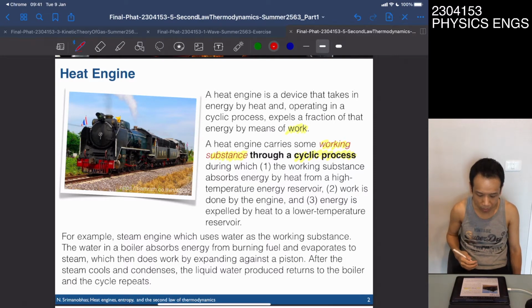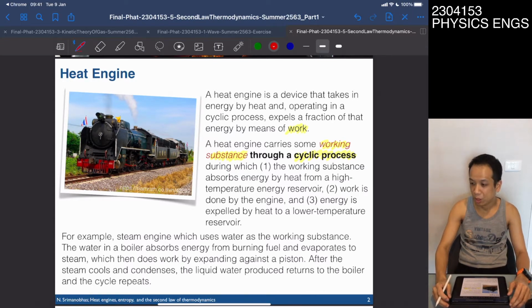The water in the boiler absorbed energy from the burning fuel and evaporated to steam, and then it does work by expanding against the pistons.